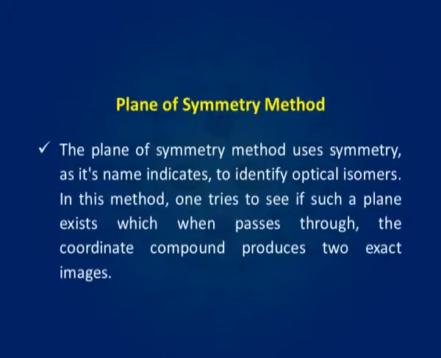The plane of symmetry method uses symmetry, as its name indicates, to identify optical isomers. In this method, one tries to see if a plane exists which, when passed through the coordinate compound, produces two exact images. In other words, one looks for the existence of a plane of symmetry within the coordinate compound.